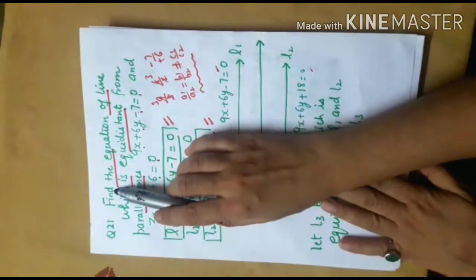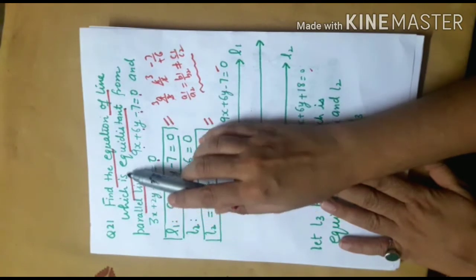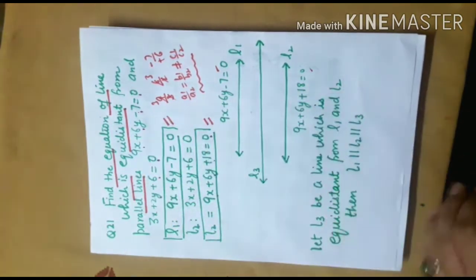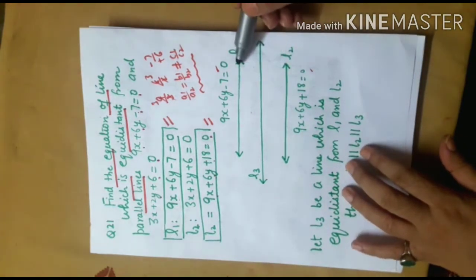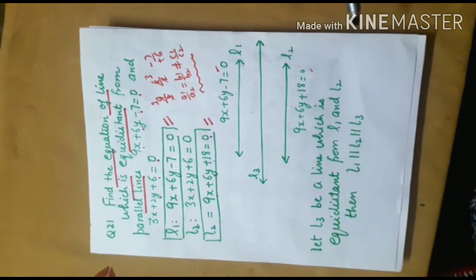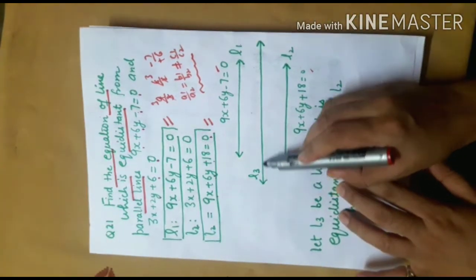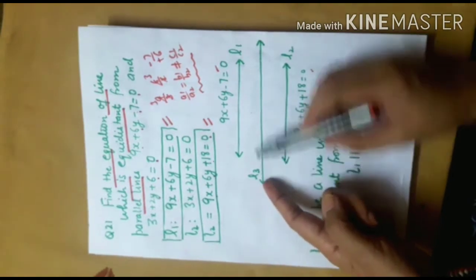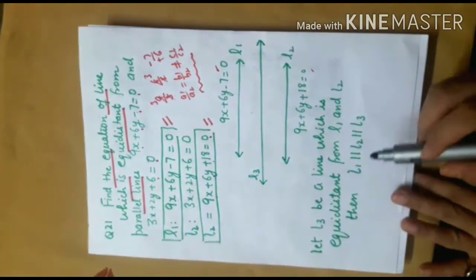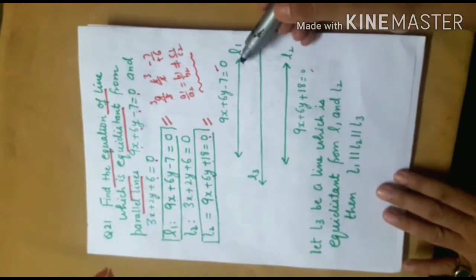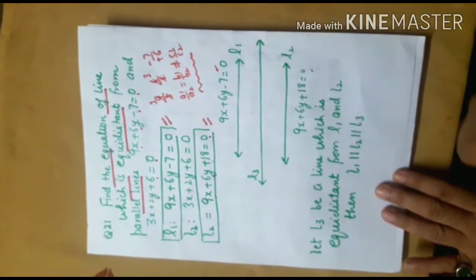Now find the equation of a line which is equidistant from these two parallel lines. Now I need to find a line whose distance from L1 and L2 is equal. So definitely that line will be between L1 and L2, and it will be parallel to these two lines.